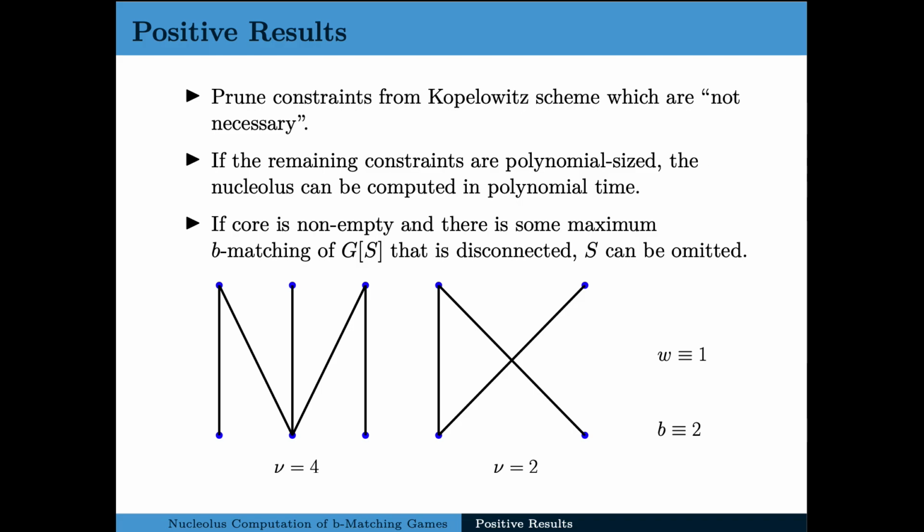For instance, if the core is non-empty and there's some maximum b-matching such that the graph induced by S is disconnected, then the constraint corresponding to S can be omitted. For instance, let S be the grand coalition of all players. In this example below, we can omit S because it's disconnected, and therefore any maximum b-matching is going to consist of a b-matching on one component, direct sum with a matching on another component.